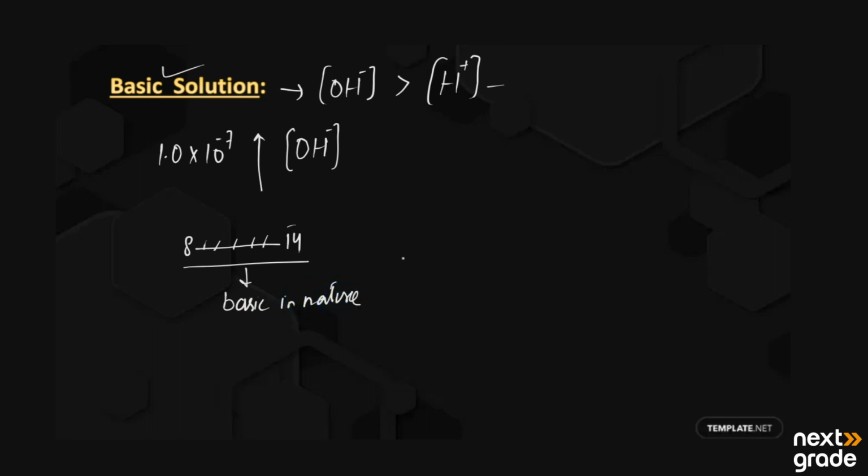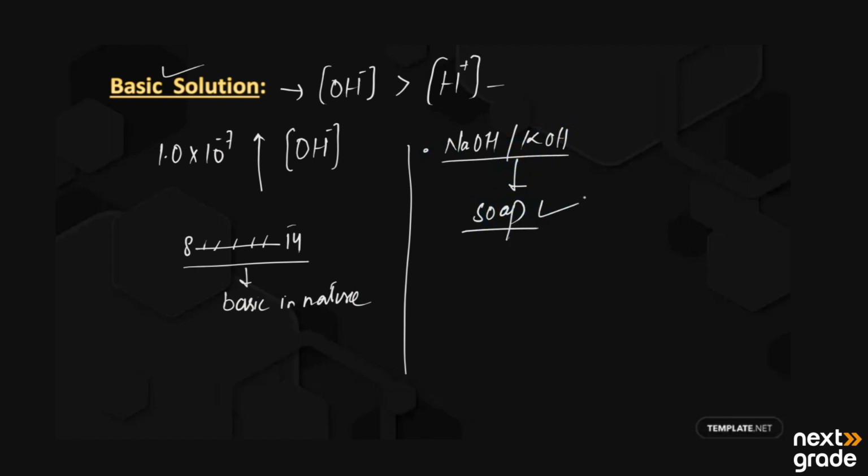There are many examples of bases, like sodium hydroxide and potassium hydroxide. If we look at soap, it is also mainly a base, or soaps are basic in nature. So if the pH is from 8 to 14, then the solution is said to be basic in nature.